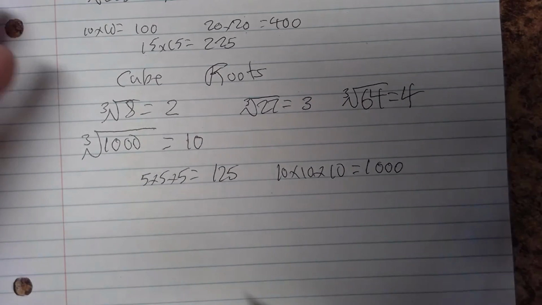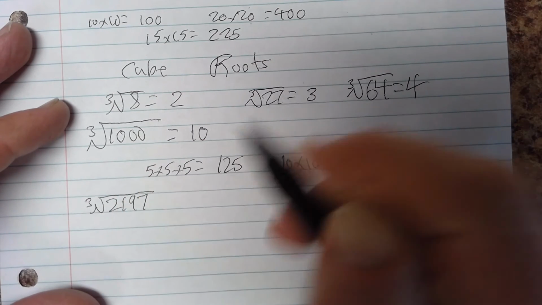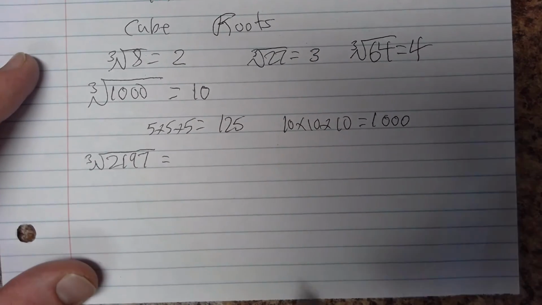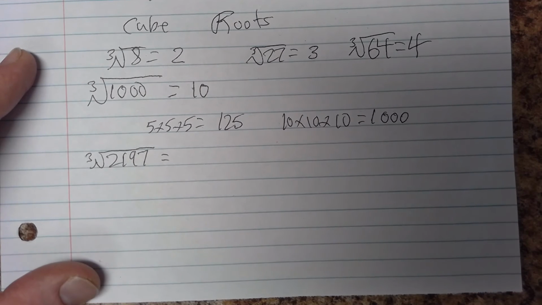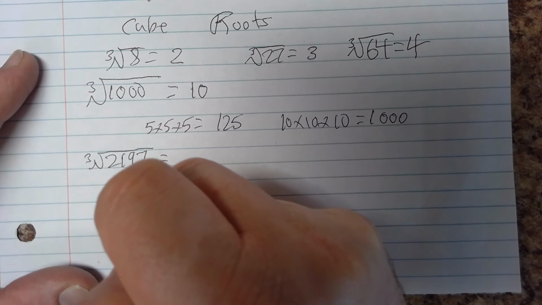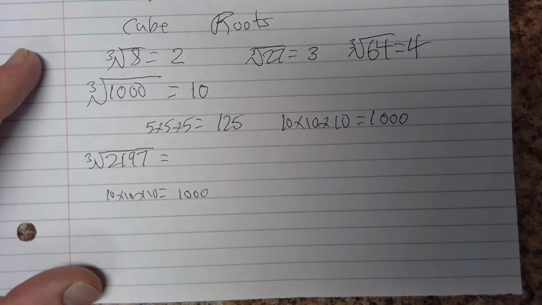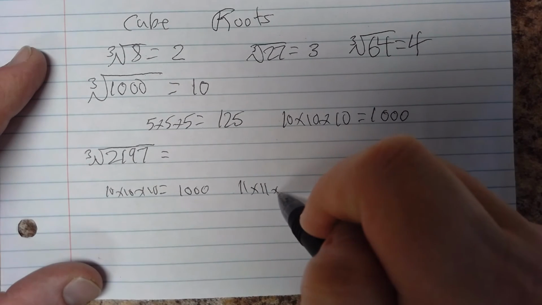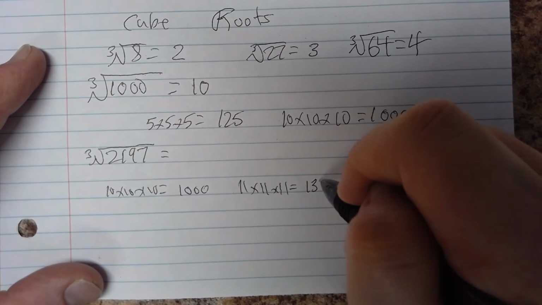But what about the cube root of 2,197? What about that one? So why don't I start with 1,000? 10 times 10 times 10 is 1,000, right? Now I probably realized that I don't have to go much further. Let's try 11. 11 times 11 times 11, 1331.